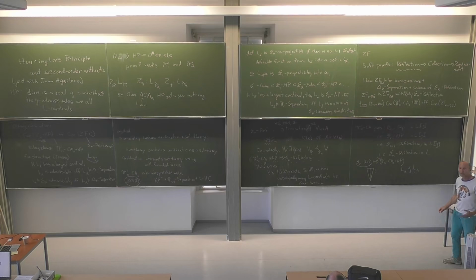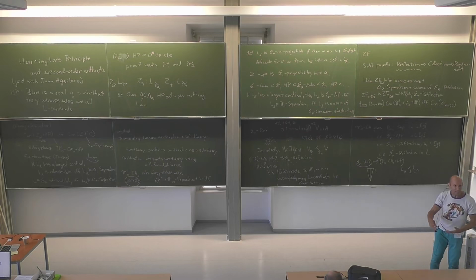And how do you do that? Well, by forcing. So you need to force to get a real with the right admissibility spectrum. So the admissibility spectrum of a real is the set of ordinals that are admissible relative to that real.